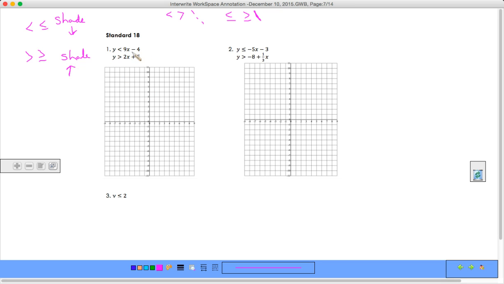Okay, so let's try this first one. We're going to start at -4 because it's my y-intercept. And I'm going to go up 9 over 1 with my slope. And because there's no line underneath, I want a dotted line.